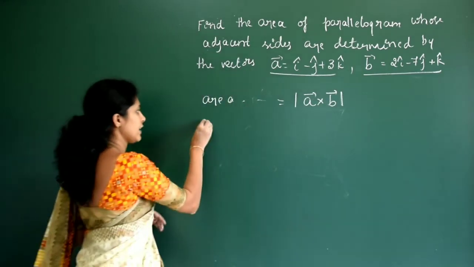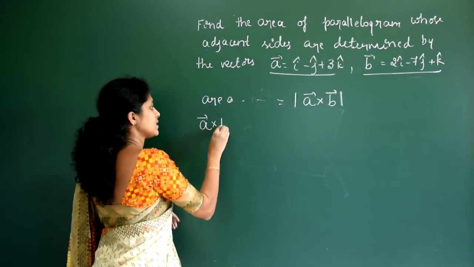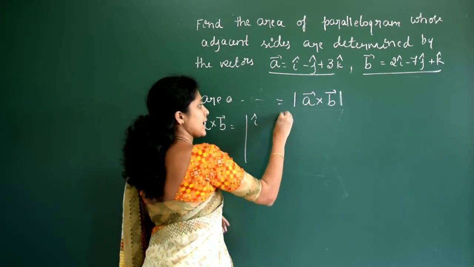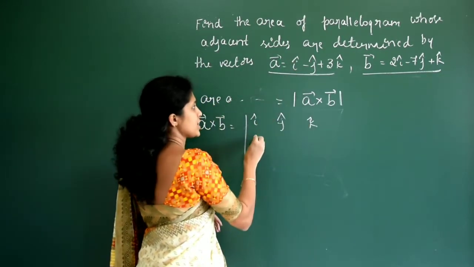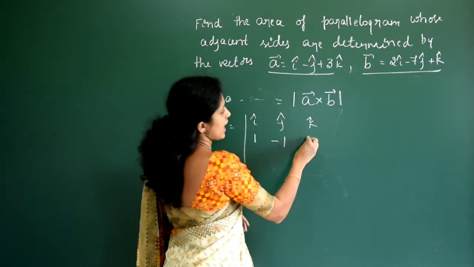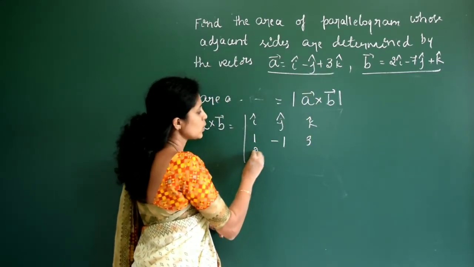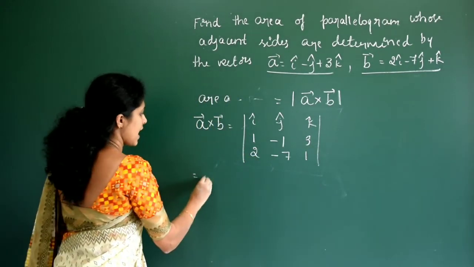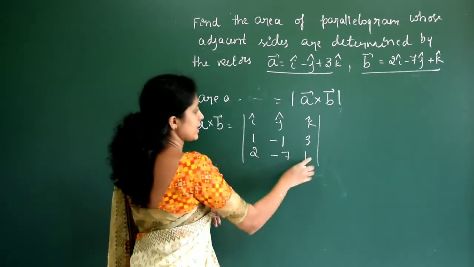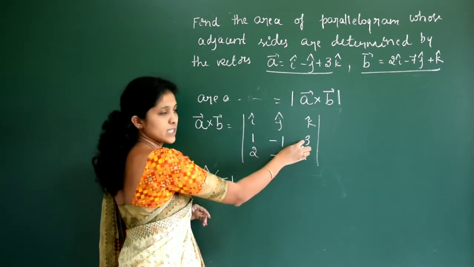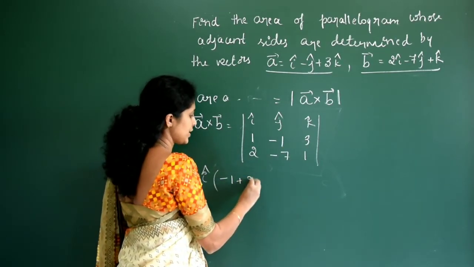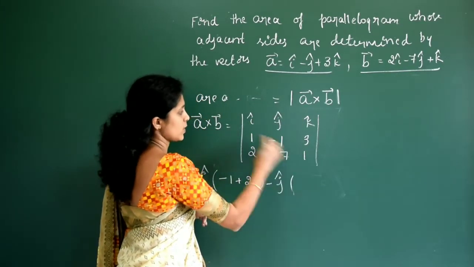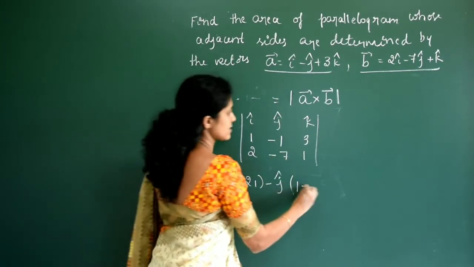First we'll find A vector cross B vector. What will it be? Magnitude of I cap, J cap, K cap. Write the coefficients 1, -1 and 3. There it is 2, -7 and 1. Right? We'll expand this. I cap into delete -1, it will be -1 into 1 minus 3 into -7, so minus into minus will be plus 21, minus J cap, okay, delete this, 1 minus 6, right?